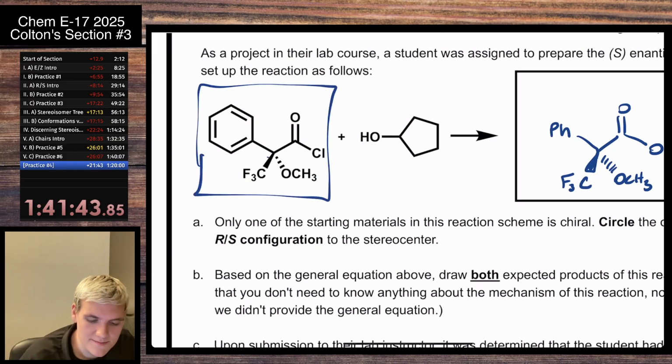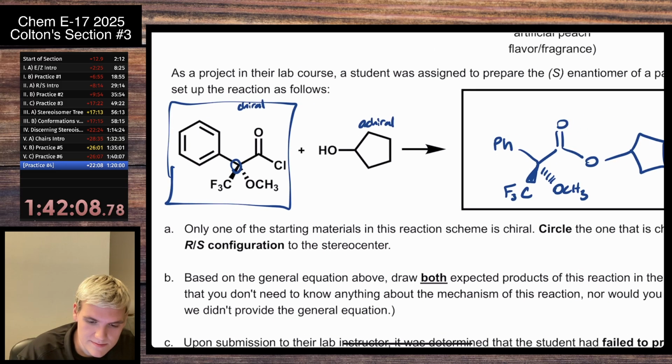The reason is that this side going around the ring is identical to this side going around the ring, so these are not two different things. This carbon is not attached to 4 different things; 2 of the things are the same. So this one is achiral. This one's chiral.